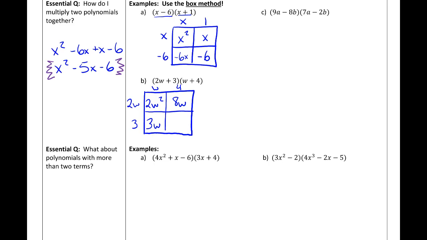And the last square, we've got 3 times 4, which is 12. Let's list these terms out. 2w squared plus 8w plus 3w plus 12. Combine your like terms, so we're left with 2w squared plus 11w plus 12.